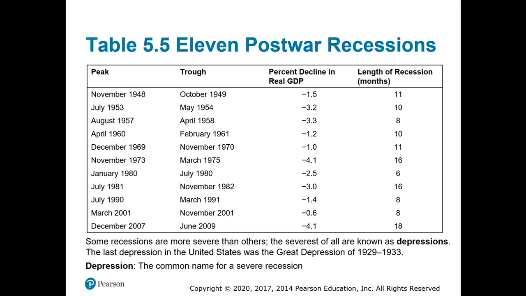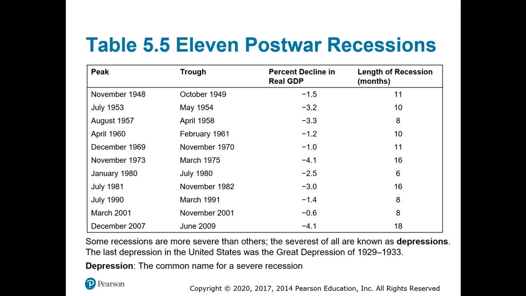We have had 11 recessions, not counting 2020, since the 1940s: 1948 to 49, and this doesn't count the Great Depression, 1953 to 54, when we had the Korean War, 57, 58, 60, 61, 69 to 70, that would be OPEC.